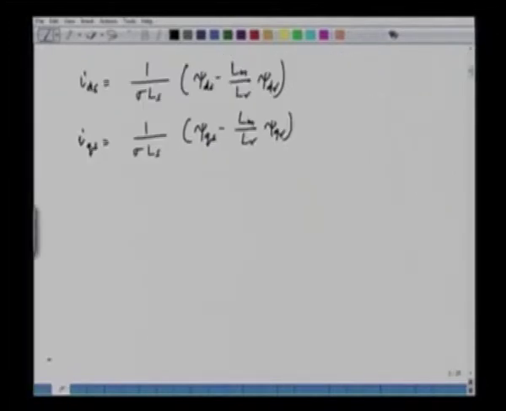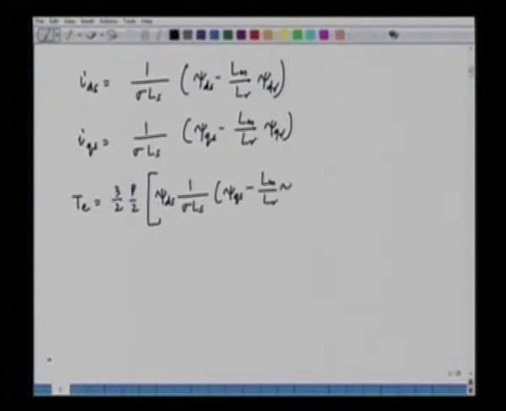So, we will rewrite the expression for the torque Te is equal to 3 by 2 into P by 2 into psi ds into 1 by sigma Ls into psi Qs minus Lm by Lr into psi Qr, minus psi Qs into 1 by sigma Ls into psi ds minus Lm by Lr into psi dr.